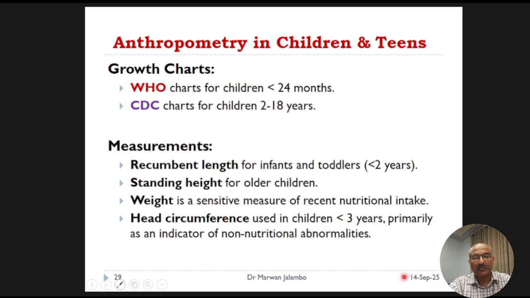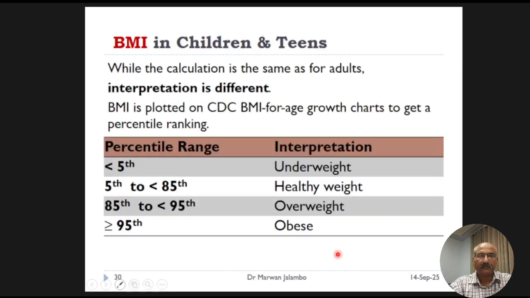For children over the age of 2, the most important single indicator we use is the body mass index for age percentile. The calculation of body mass index, or BMI, is the same for children as it is for adults, but the interpretation is completely different.